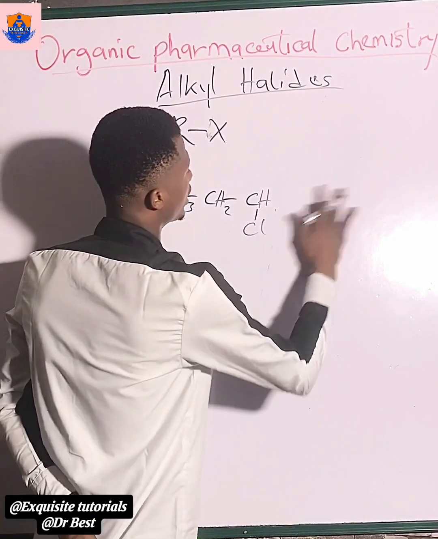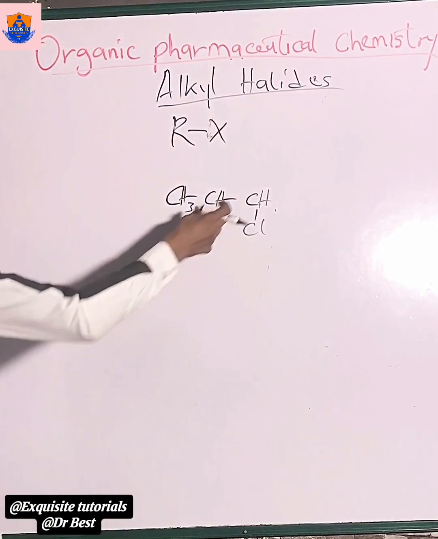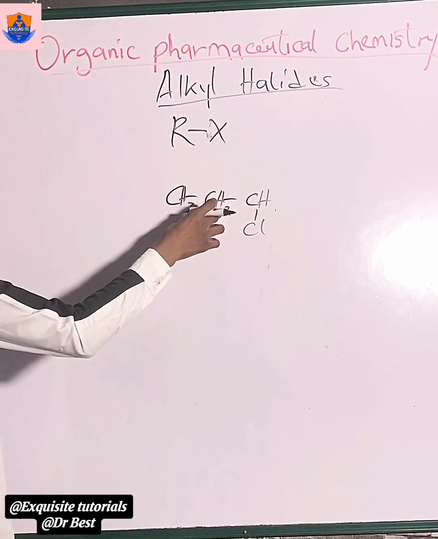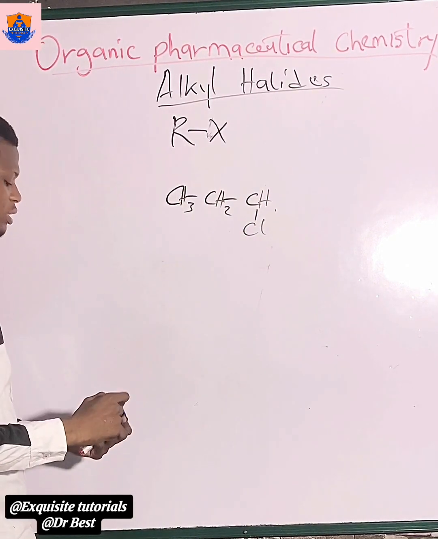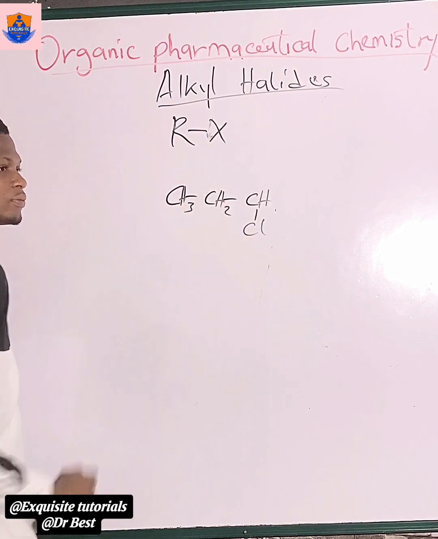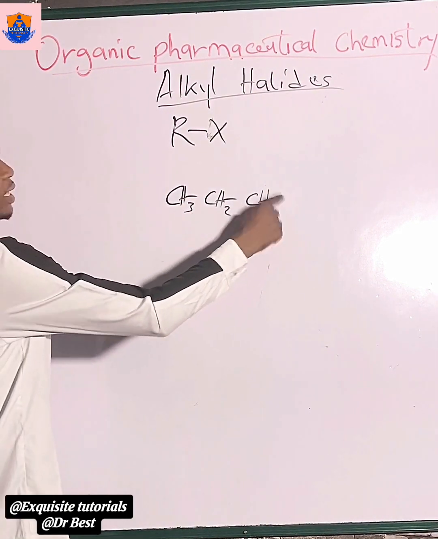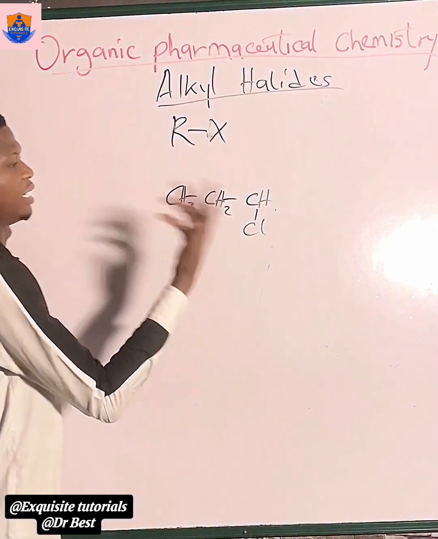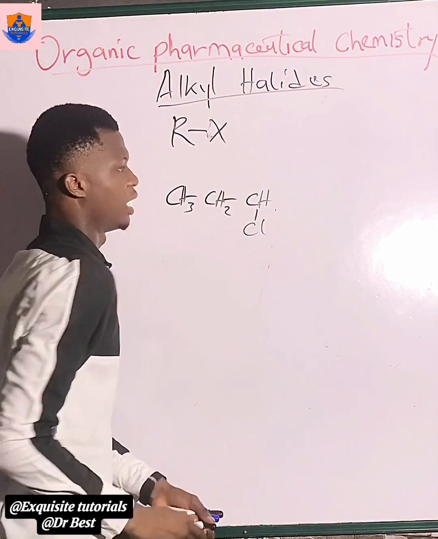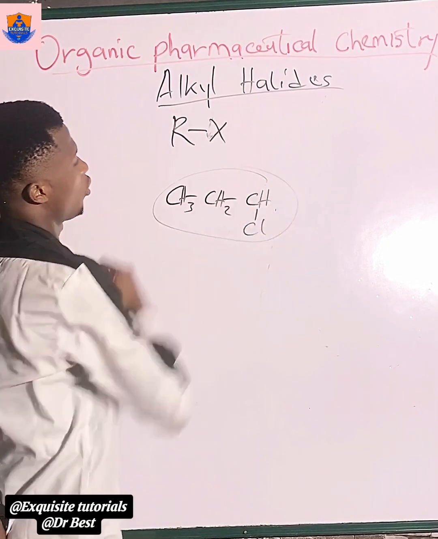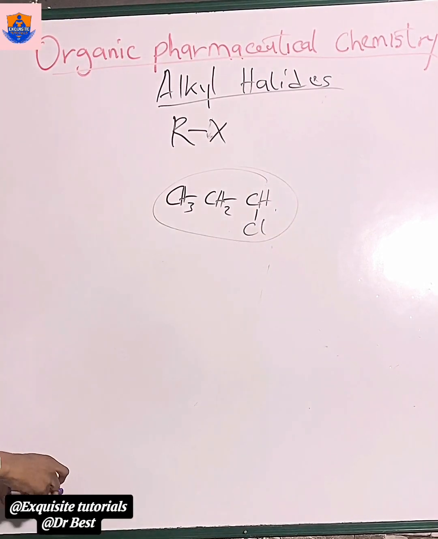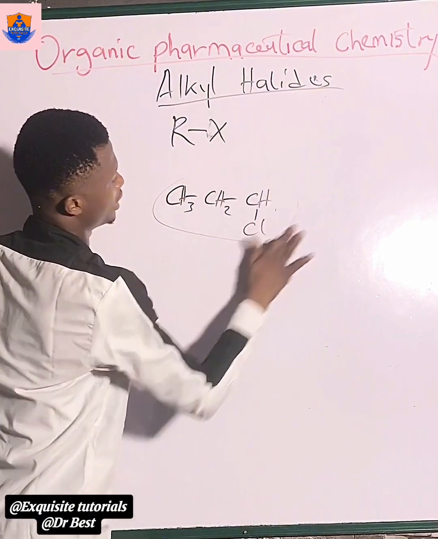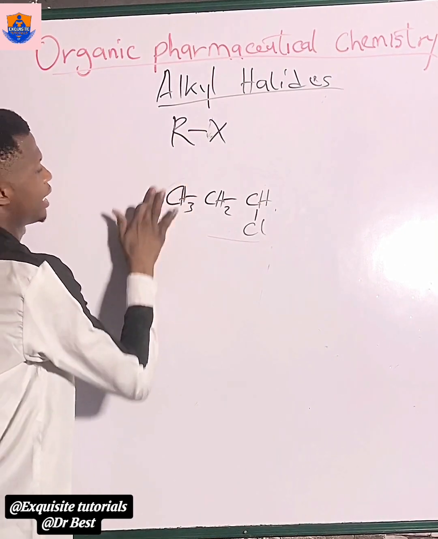So this compound is an Alkyl Halide. Alkyl is an alkane compound that has lost one hydrogen atom. That is why you can have something like methyl, ethyl, butyl, propyl. So this compound you can call chloropropane, or propyl chloride. So this is an Alkyl Halide.